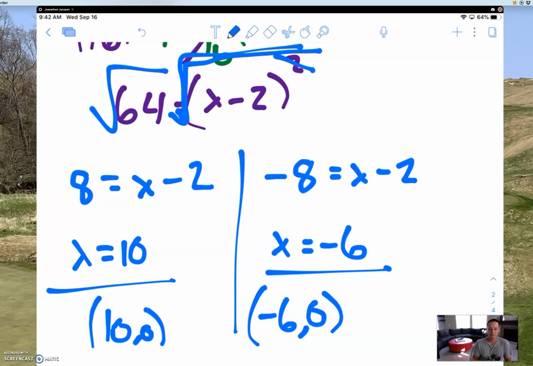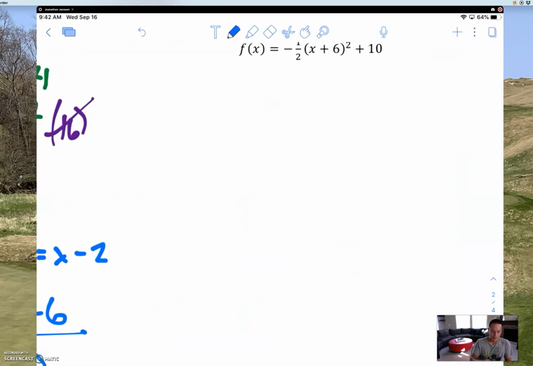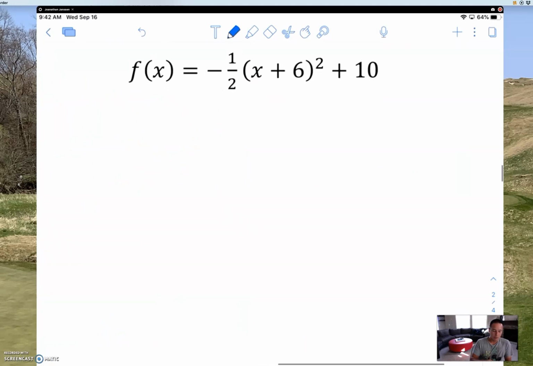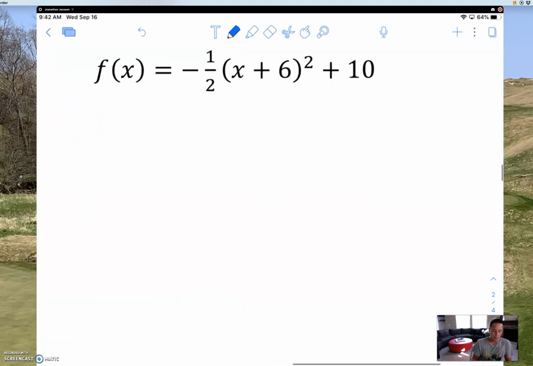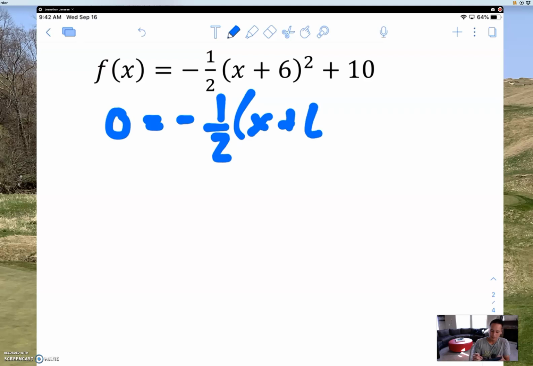Not so bad, hopefully. And let's go ahead and do one more together. We want to find the x-intercepts of this one. So again, to find an x-intercept, all we're going to do is change this y to a 0. Then to get rid of that plus 10, we are going to have to subtract 10 from both sides. So we do minus 10, minus 10.